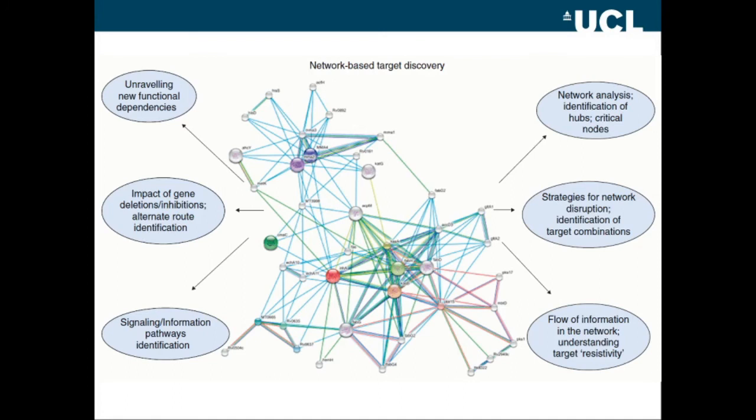And then we can start to look at disrupting this to understand the impact of gene deletions or inhibitions of the gene products, and whether there are alternative routes through the network that could mean that removing one individual node within this network is not enough. And then in addition to the metabolic networks, we need to understand how these things relate to signaling and information pathways and identify those.